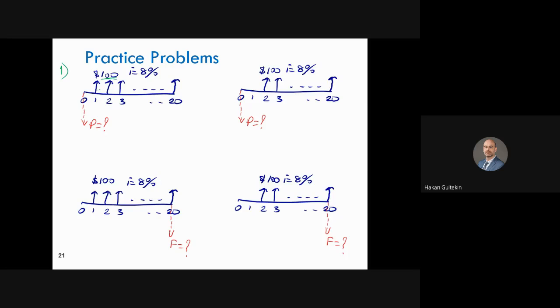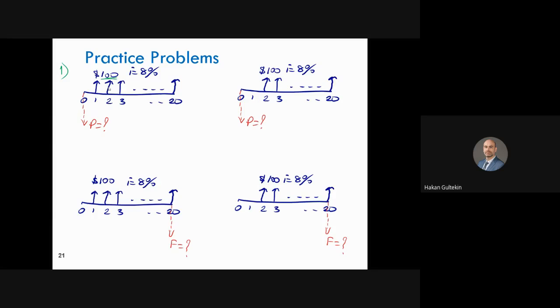By the way, I'm saying uniform payment series, but look, these arrows are upward, and upward means earnings. We are earning this amount, so actually it's not a payment but an earning. But still, the formula and the final result will not depend on the direction of the arrow here. But it's important to represent these things correctly.